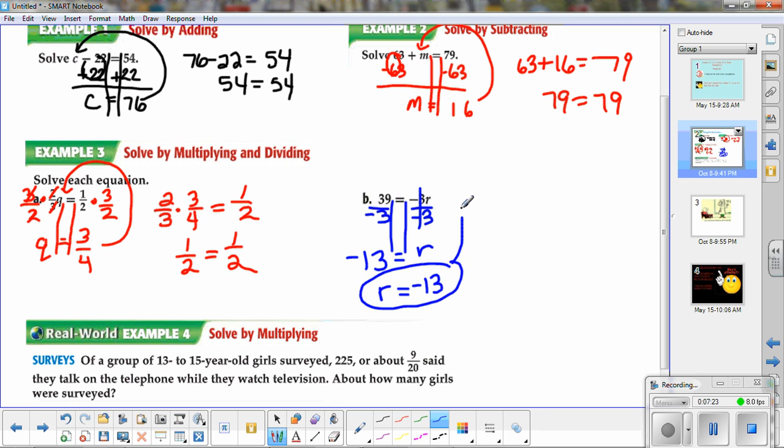Now to check your work, plug that back in. 39 should equal a negative 3 times a negative 13. Well, a negative times a negative is positive, and 3 times 13 is 39. So we do have the correct answer again.